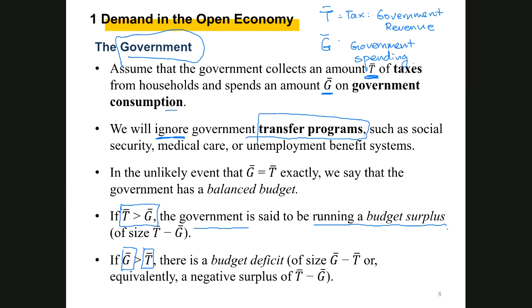And deficits and surplus depend on which one is bigger, right? And in this model, we just assume this is a constant in the home country.